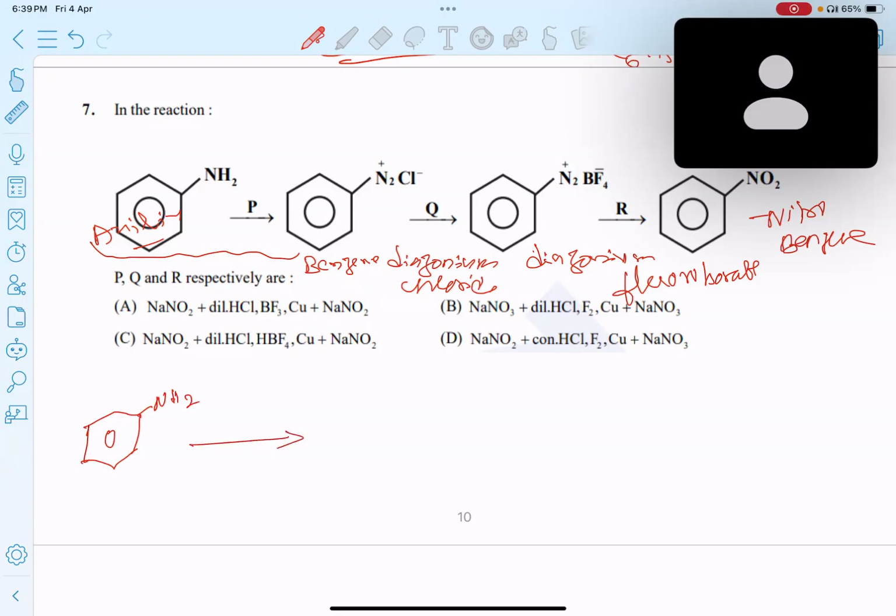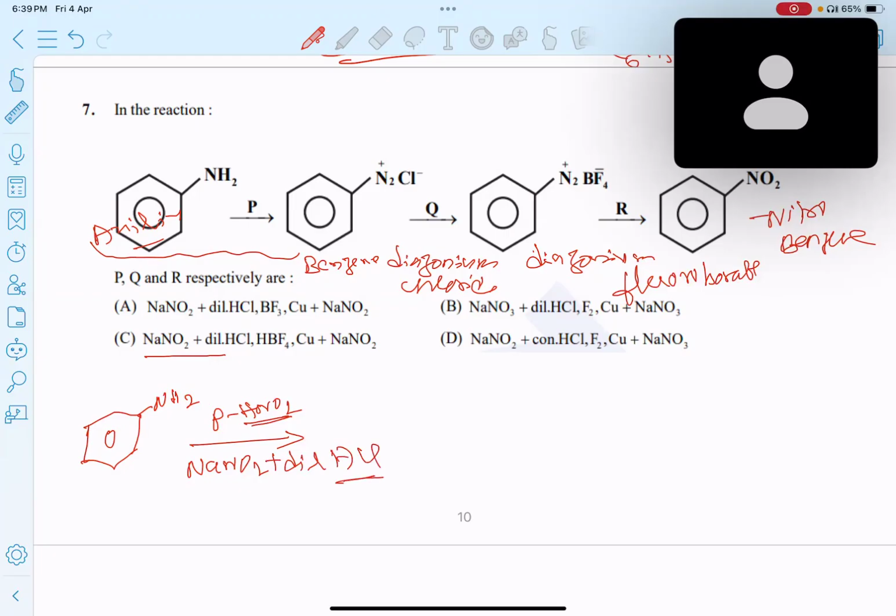In the diazotization reaction, P is HNO2. So let us check in which options HNO2 is there. HNO2 is not in any of the options. So instead of HNO2, aniline is treated with NaNO2, sodium nitrite, with dilute HCl.